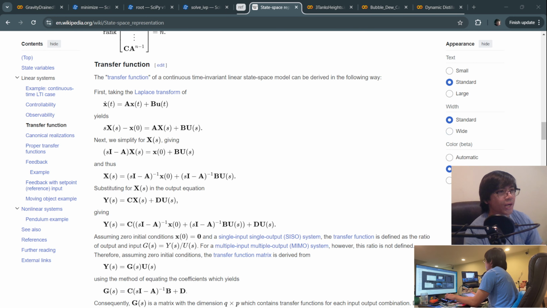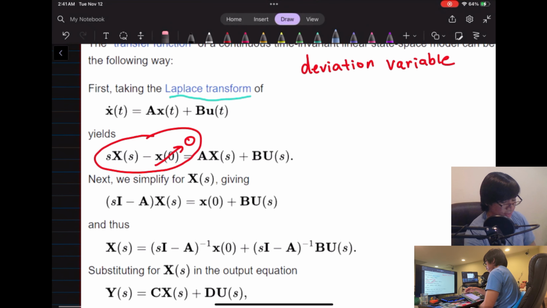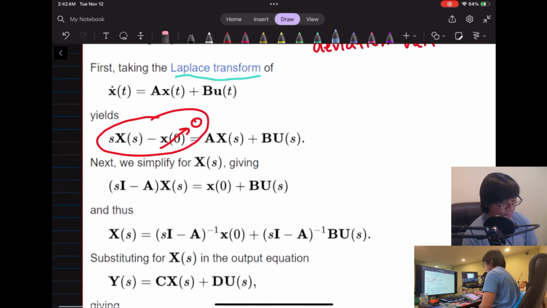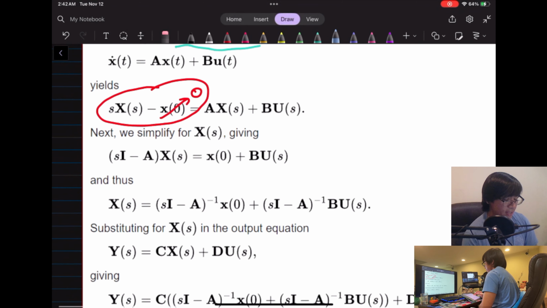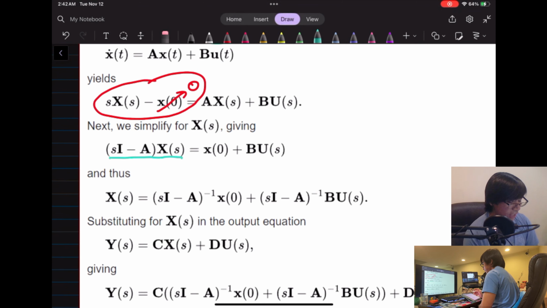Going back to our notes here. We take the Laplace, and the A and B matrices are now LTI, linear time invariant, since we evaluate the Jacobians at steady state. After grouping the Laplace of our state variables, we factor it out on the left-hand side, and notice there's this I term.